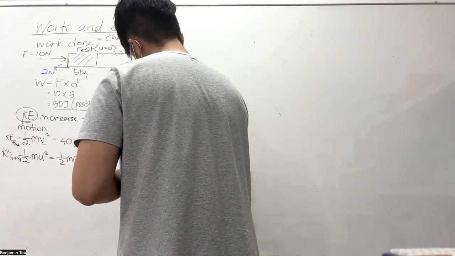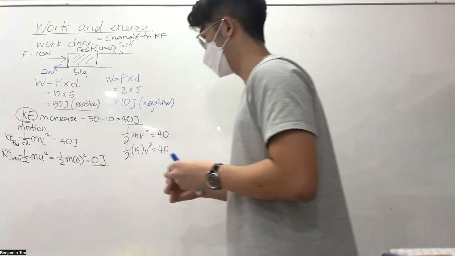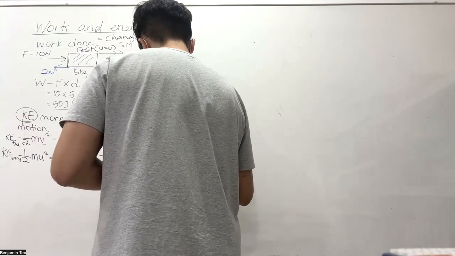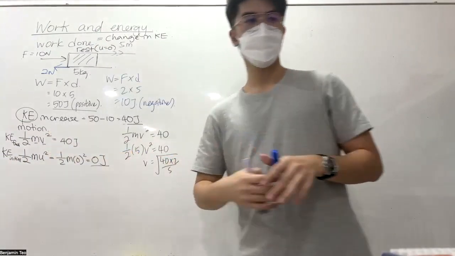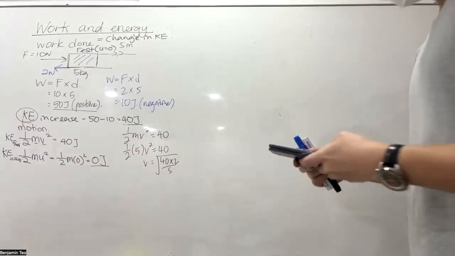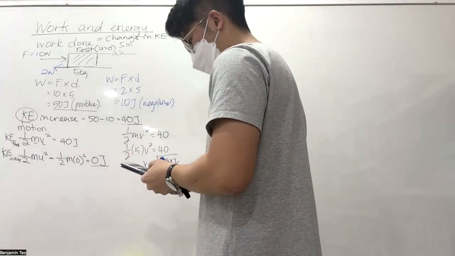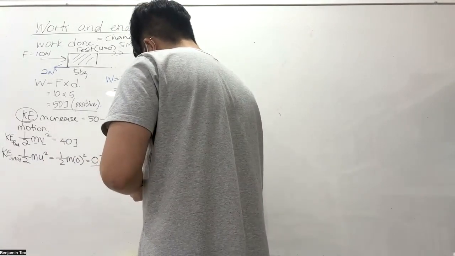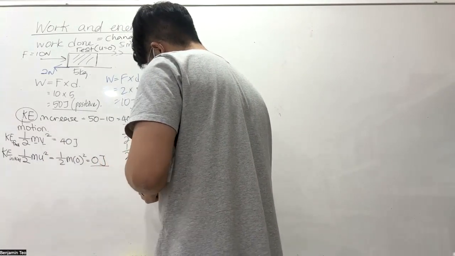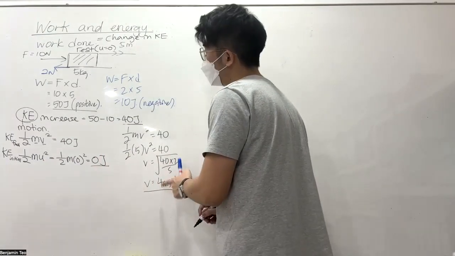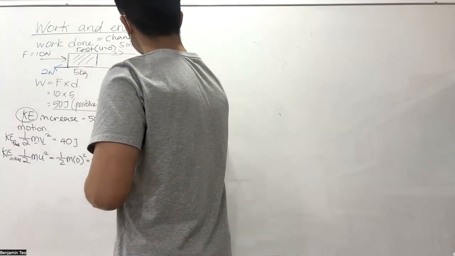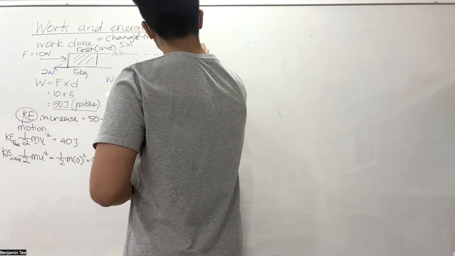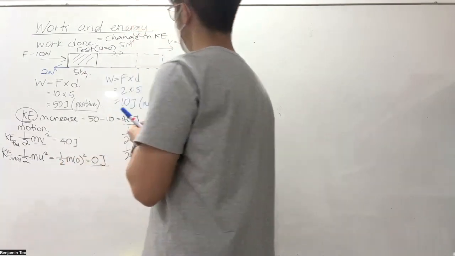So v squared equals 16. Okay, calculate. v equals 4 meters per second. This is the final speed. That means this one comes here now having 4 meters per second.